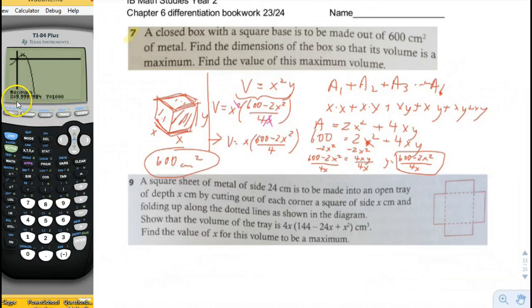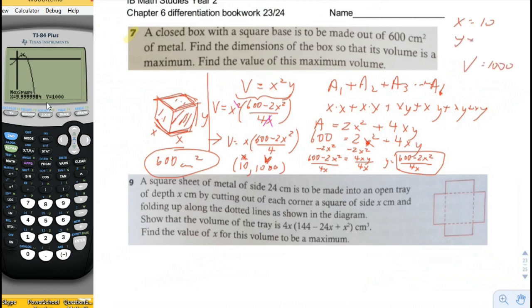And then the maximum is x equals 10, y equals 1,000. So the maximum point is going to be 10 comma 1,000, and the 1,000 represents the volume, right? And the 10 represents the x value. So we know that x equals 10, volume equals 1,000.